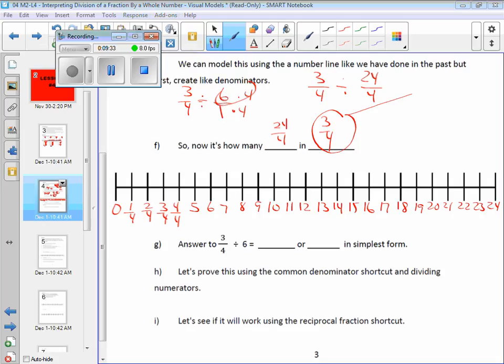It depends if you're looking at it from the expression, which is 3/4 divided by 24/4. Or are you looking at it from the think statement, which is the 24/4 in 3/4?